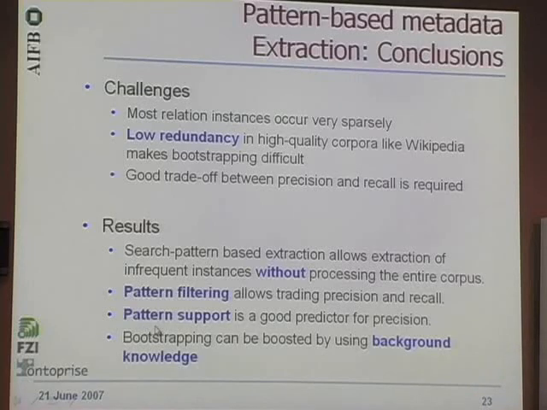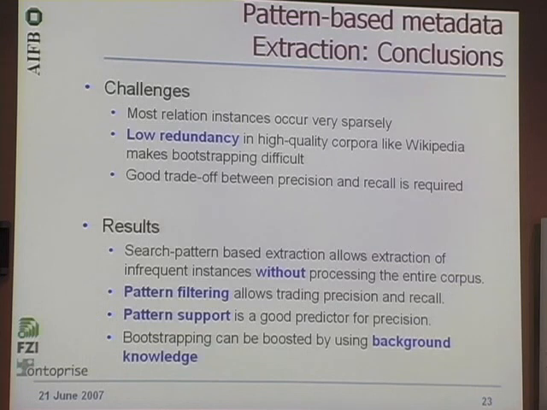What we have also found in experiments is that a very good indicator of the quality of your pattern is a very simple measure. You just look at the number of instances you find that support that pattern. That is a good indicator about the quality of that pattern.